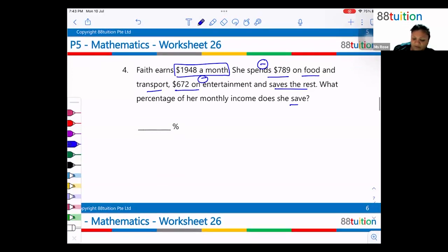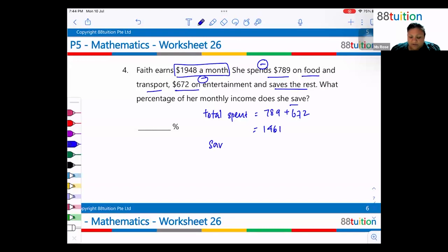So, okay, I have everybody's answer. Total spent on food and transport plus entertainment gives you a total of 1,461.